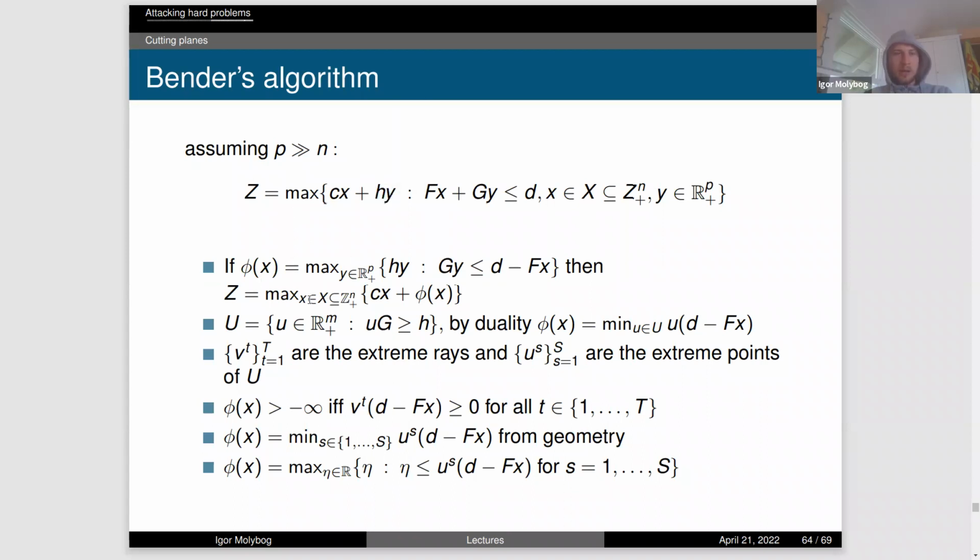Is it clear why this maximization problem and this maximization problem are equivalent? Are there any questions?